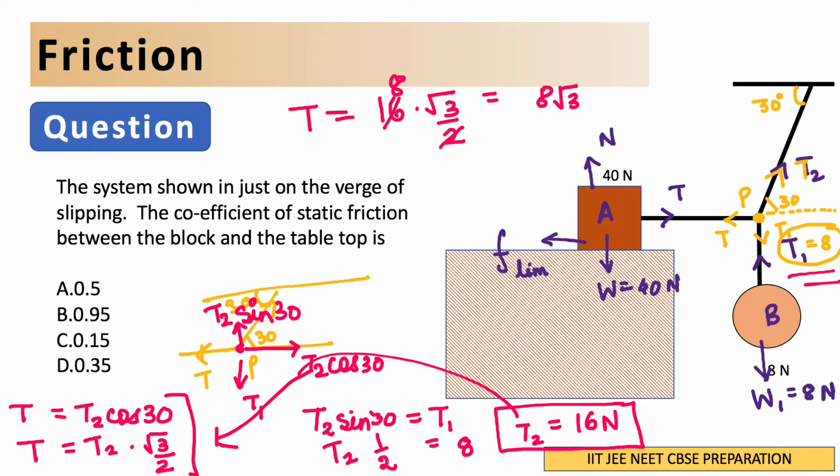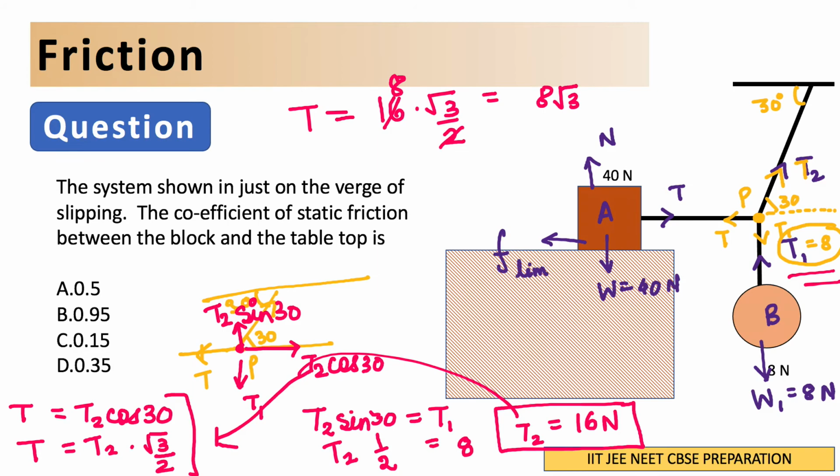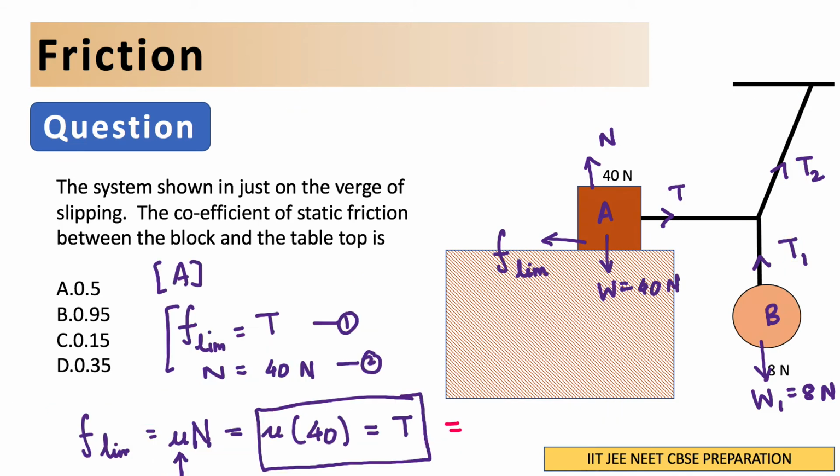And if I go back to the first page, we had to calculate mu, right? So now just place this mu into 40 is equal to T, and the T value we just calculated is 8 root 3. So just place it over here, 8 root 3.